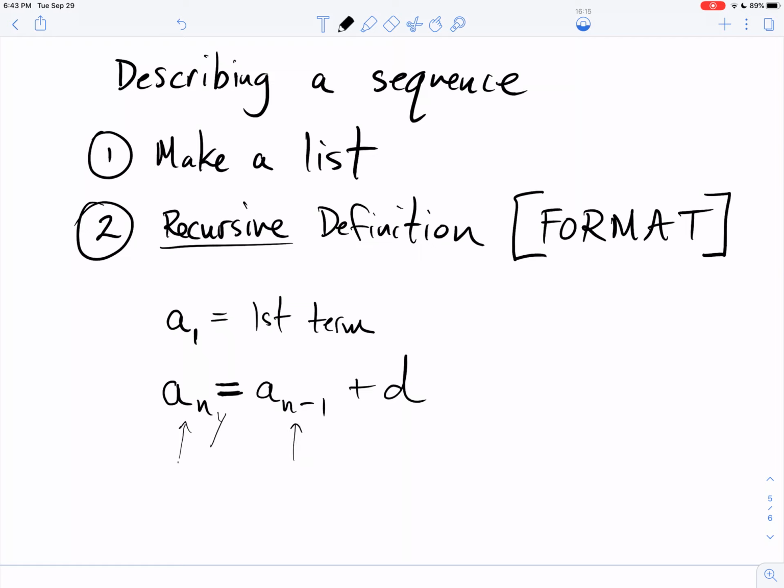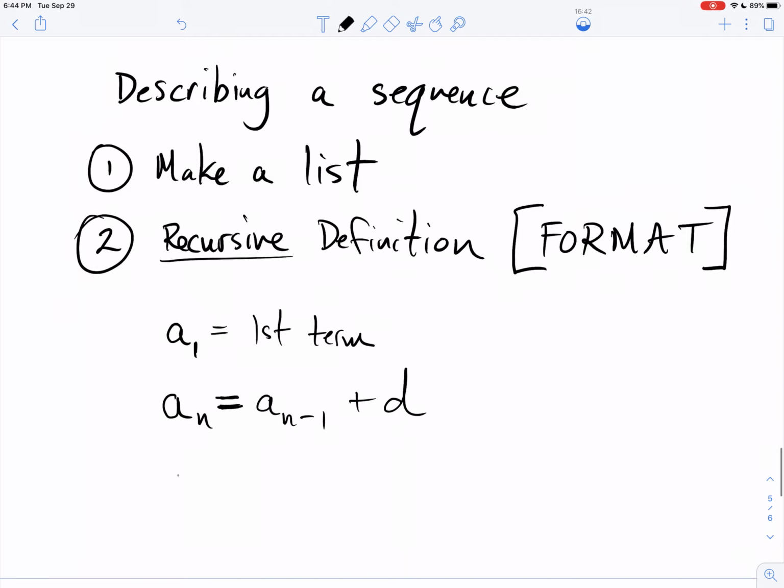The one that comes right before that number plus d. That's how a recursive definition is read. Now, when I write out just the symbolism here, it looks really complicated, spooky, and scary at the same time, but it's not hard to do.